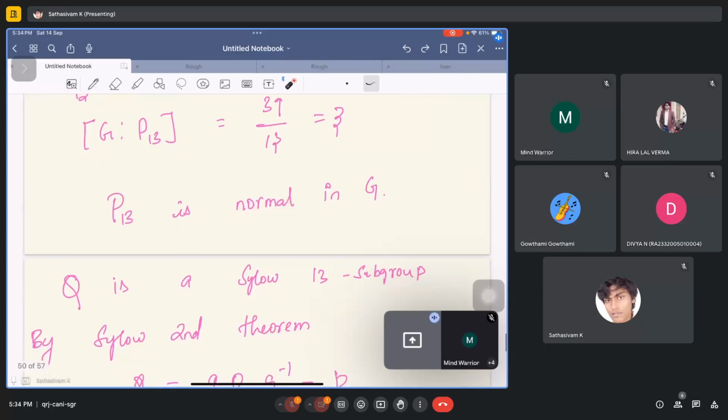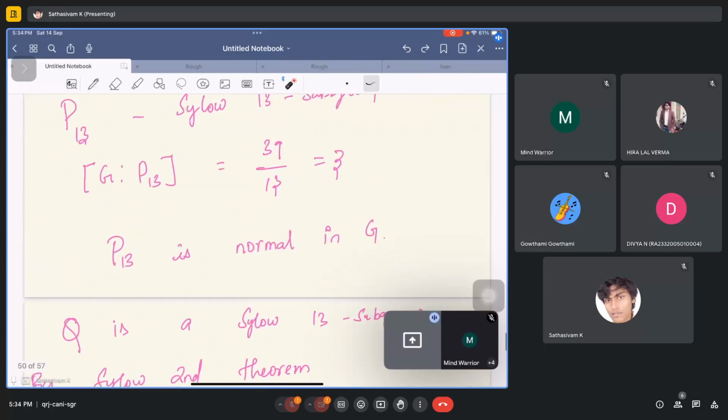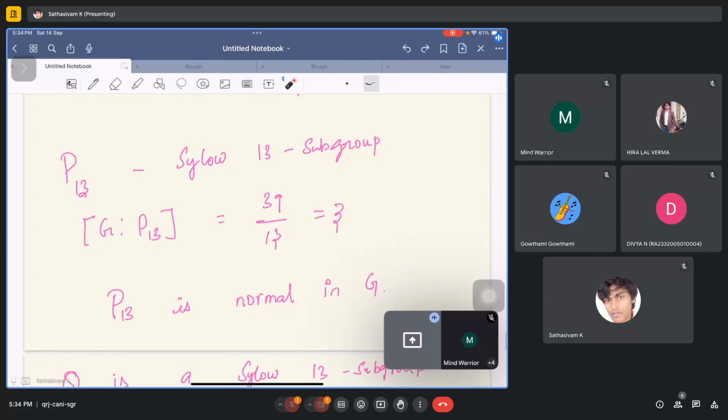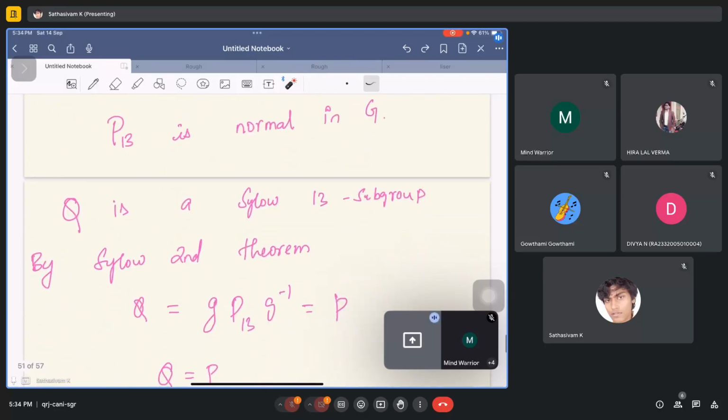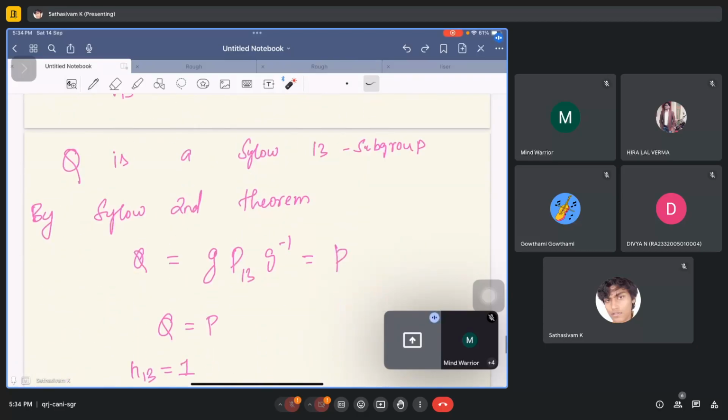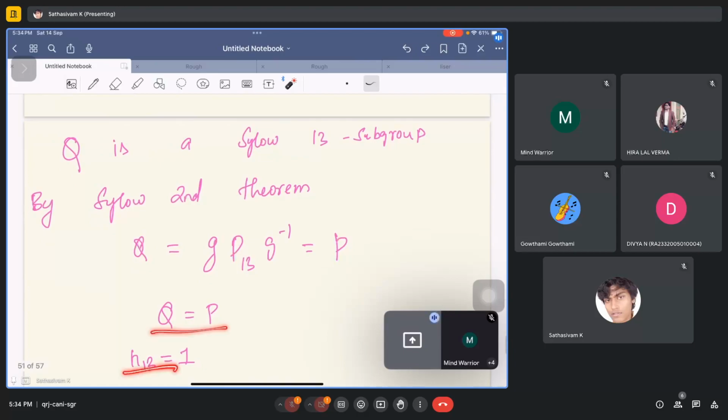But in the second method, we used the fact that if the index is the smallest prime dividing the cardinality of your group, then such a subgroup has to be normal. And then using the Sylow second theorem, you get Q equals P. That means all the Sylow 13 subgroups are the same.